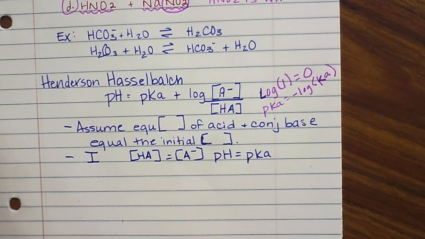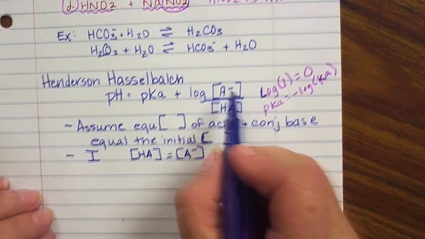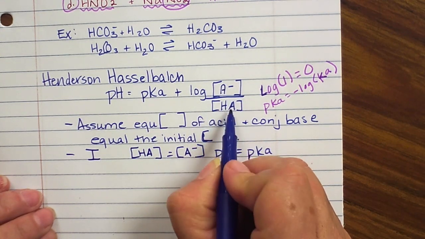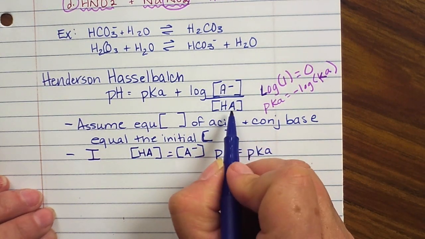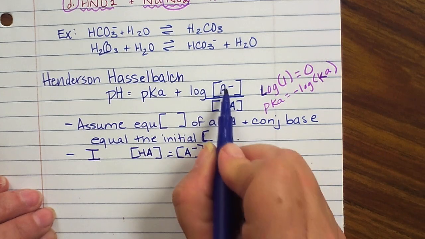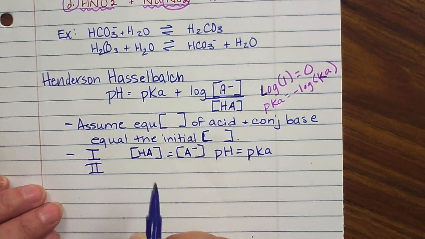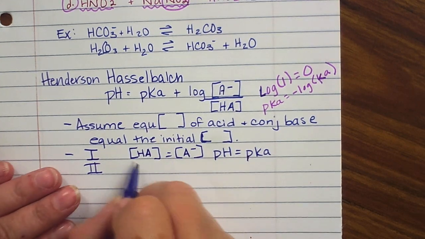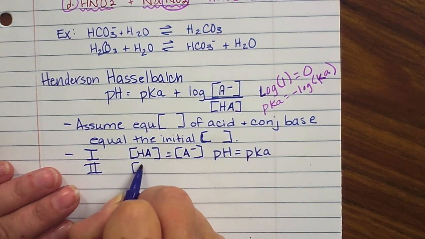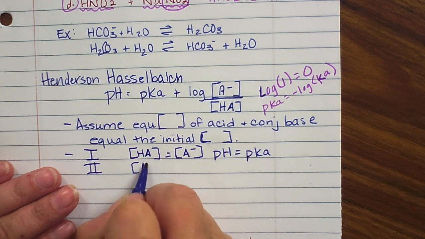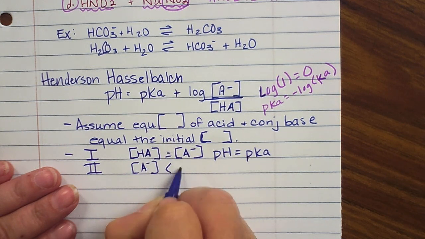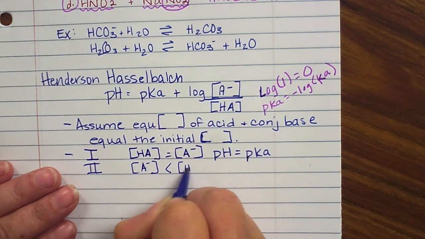Now, knowing that, what you're actually doing is you're looking to see, is this ratio less than 1 or greater than 1? Because if this ratio is less than 1, that would mean that your concentration of A minus is less than the concentration of HA.